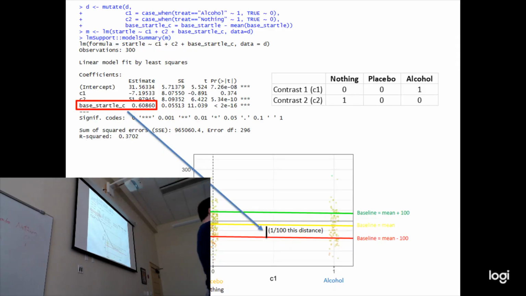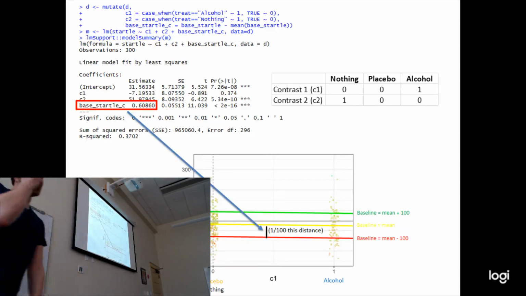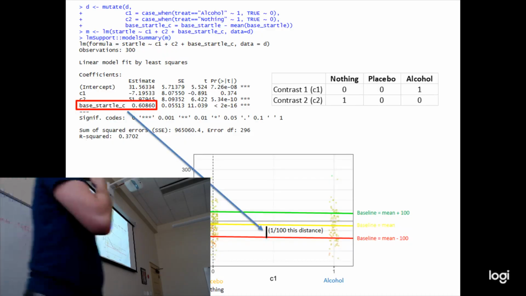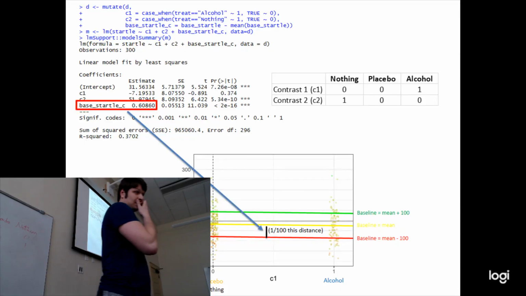I just went out a bit more so that you could actually see the differences between the lines. Sorry, just to make sure this is clear for me. Is this saying a 1 unit increase in baseline startle increases your outcome startle by whatever amount? 5.6. Yeah, okay, gotcha. That's exactly right.